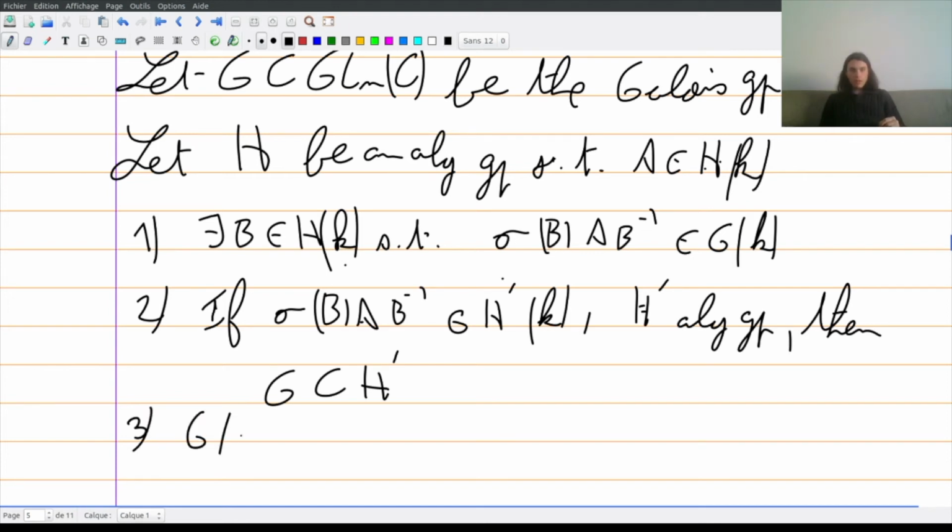And the last statement, I will make an example soon, is that G over G0 is cyclic. And G0 is the connected component of the identity.